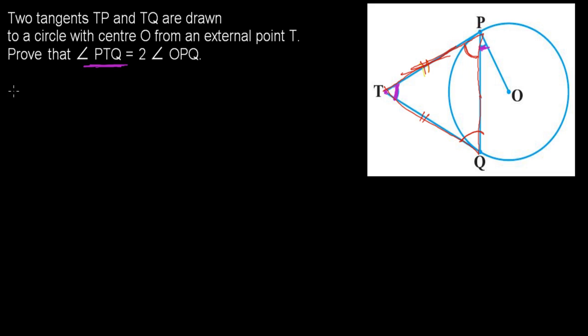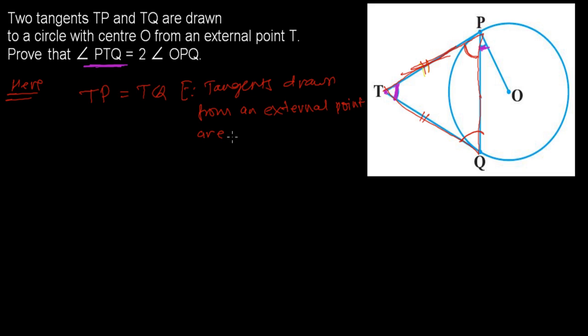So one by one I'm going to write everything. First I will write TP equals TQ, and the reason for this is tangents drawn from an external point to a circle are equal. And if TP equals TQ, therefore I can easily write triangle TPQ is an isosceles triangle, and the reason for this, you can give TP equals TQ.